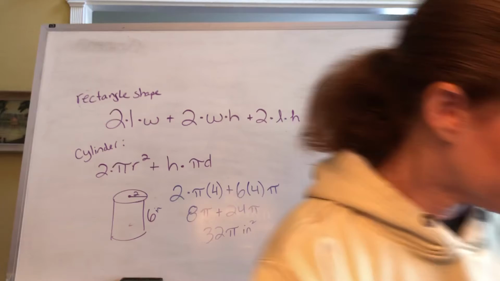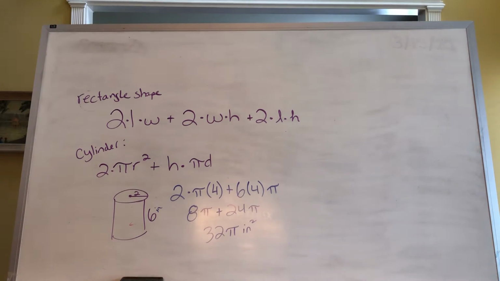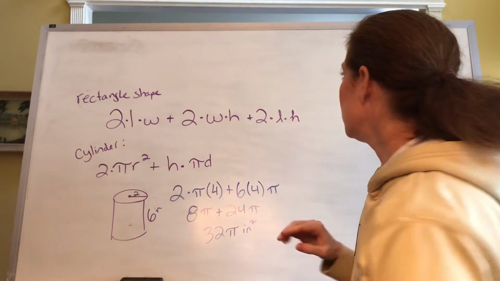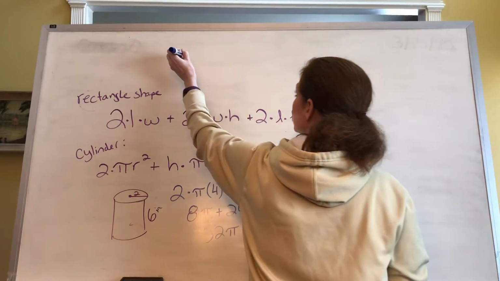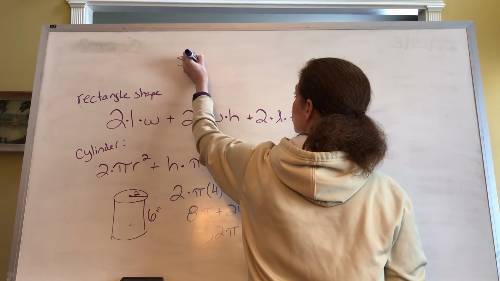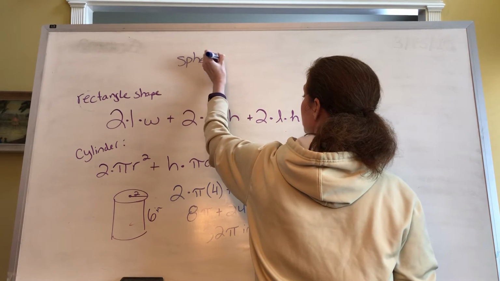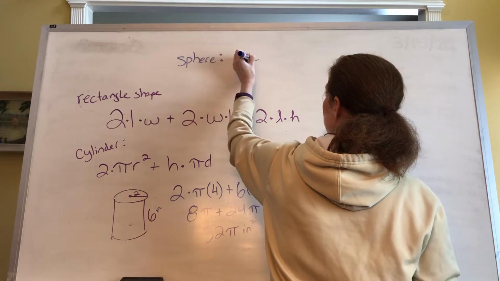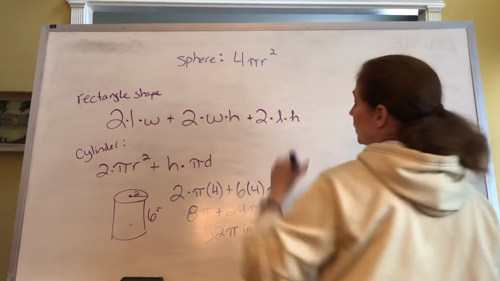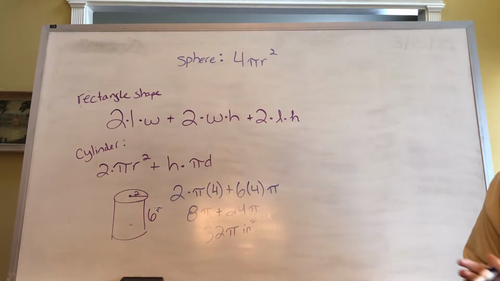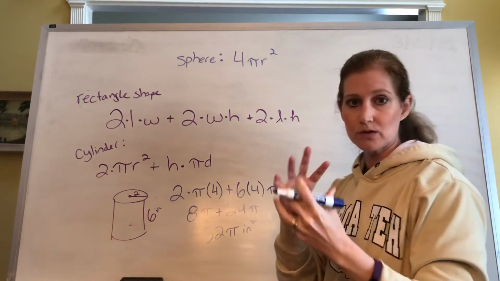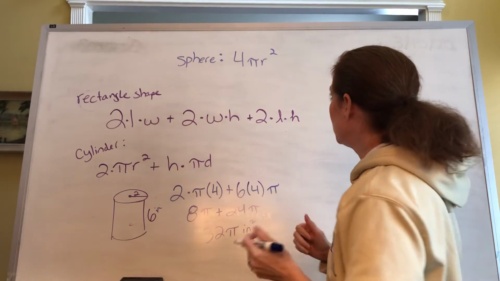The other shape is the sphere, so a ball. And for the sphere, it is just 4 pi r squared. Yeah, so that is the surface area of a ball.